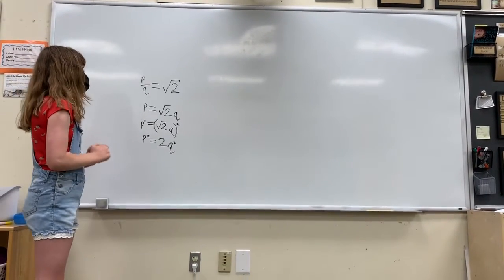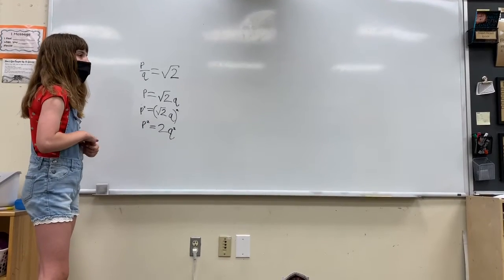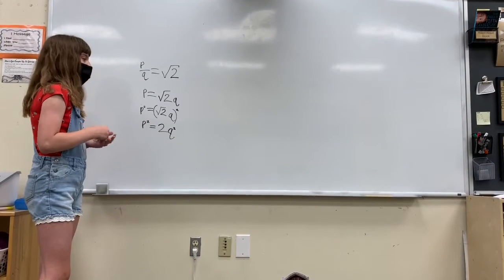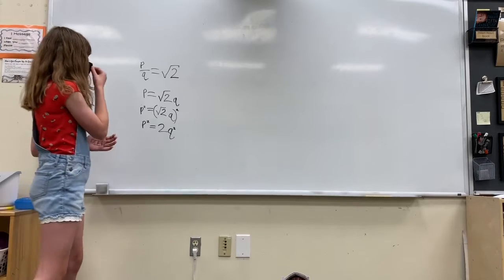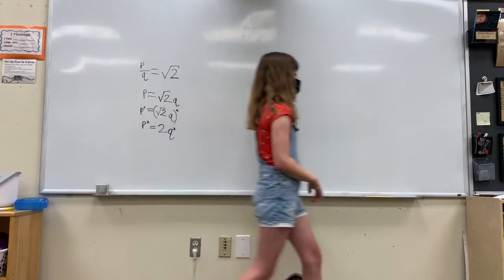Any number multiplied by 2 is even, therefore p squared has to be even. If we know that, then that leads us to believe that p has to be even.